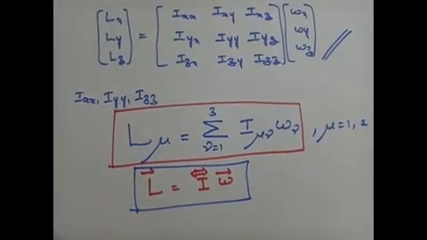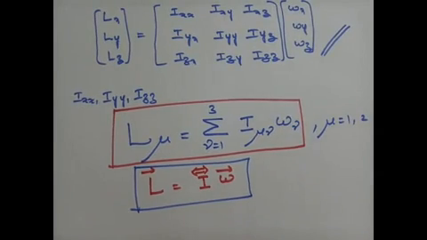Here the term represents I with a double arrow. Omega is a vector with the three components omega x, omega y, and omega z, and L, the angular momentum, is also a vector with components Lx, Ly, Lz.